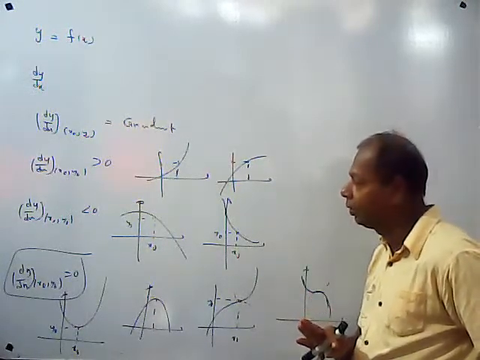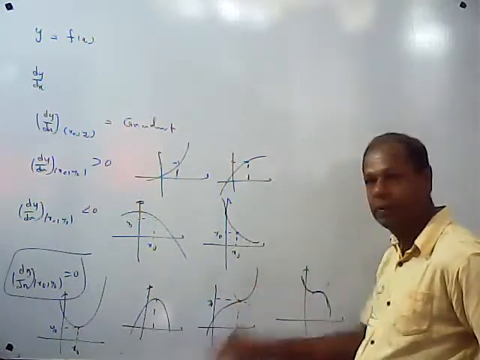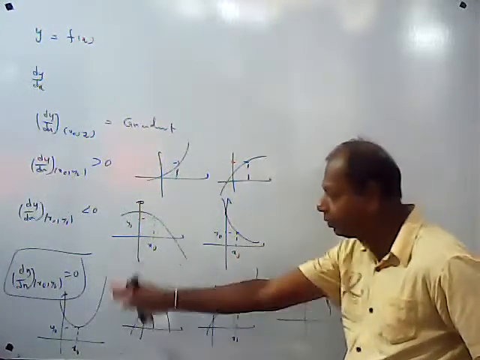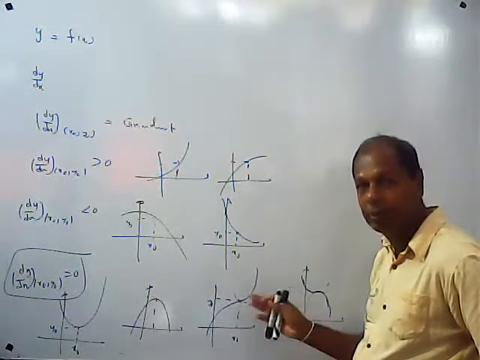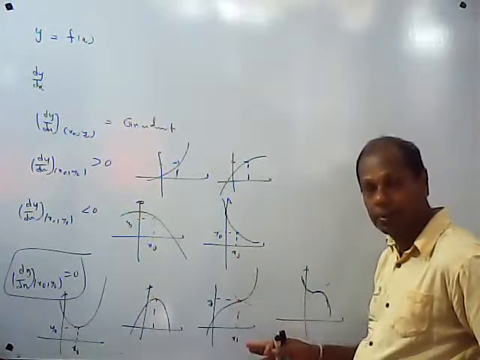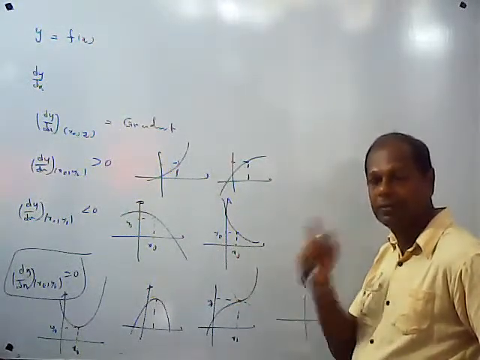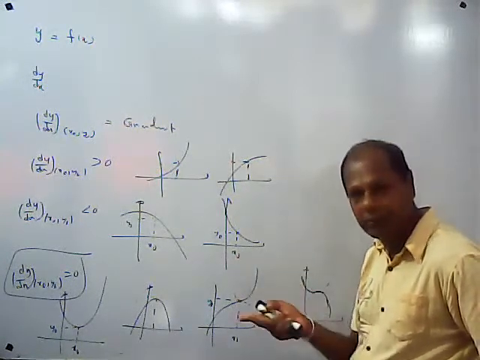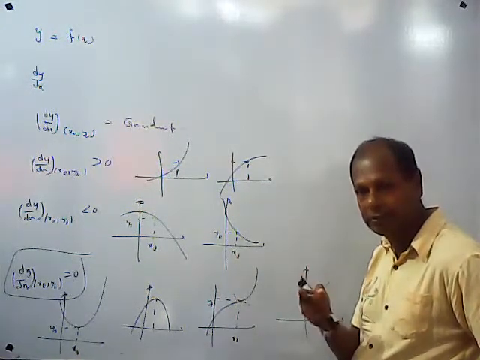Then to identify the type of the stationary point, whether it is this or that or the other one, out of these four, we have two tests. The first is the first derivative test. The second is the second derivative test. So last day we discussed the first derivative test, right?